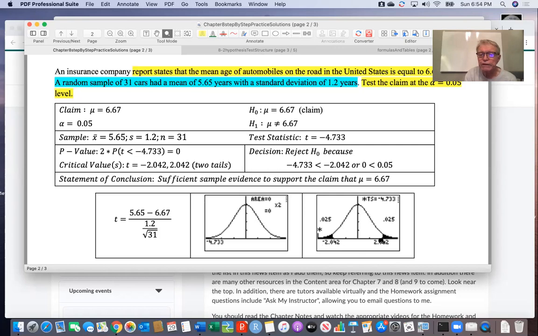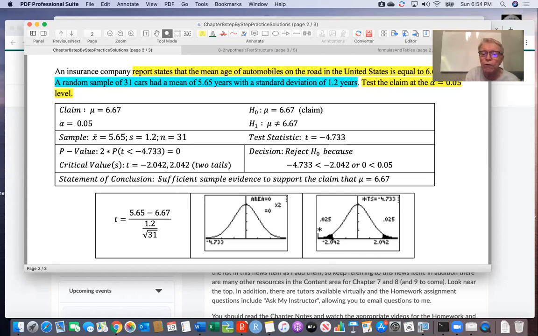And in between those two would be the values of the test statistic that were not unlikely. And remember, for a t, because this is t equals negative 4.733, both of these critical values are t.